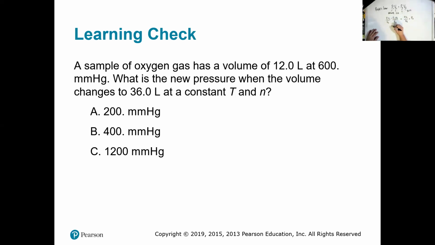So we have 600 millimeters of mercury times 12 liters divided by 36 liters. Our volume units are going to cancel out there.